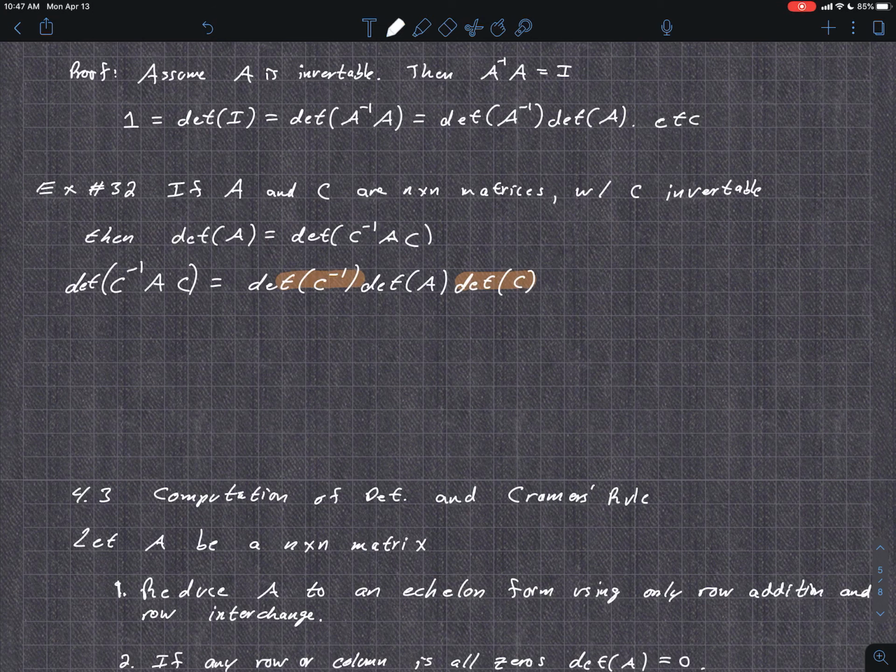So we're going to commute because they're real numbers, and you get that's equal to determinant C inverse, determinant C, determinant of A.